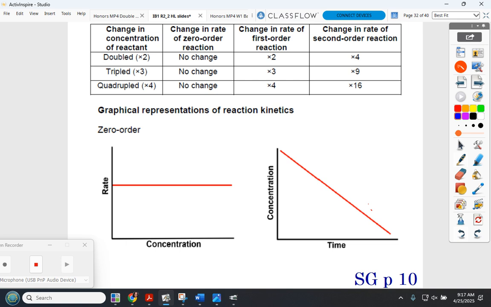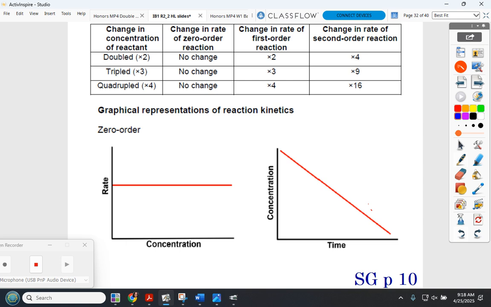If you have a zero-order reaction, you're going to end up with, now this is looking at the concentration of the reactants, obviously, because we're going from a high concentration to a low concentration. It would be the opposite if we were talking about the products.